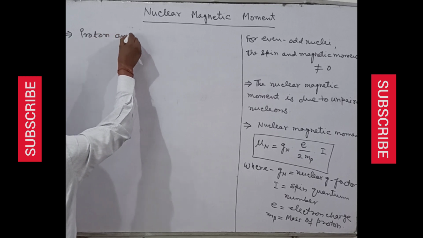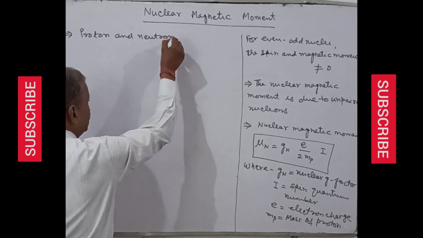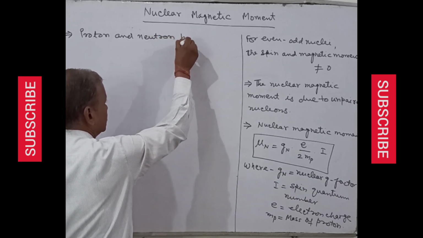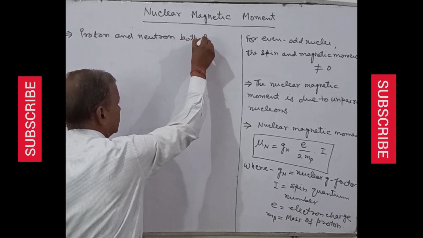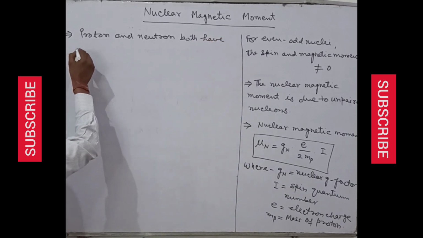Proton and neutron both have magnetic moment.